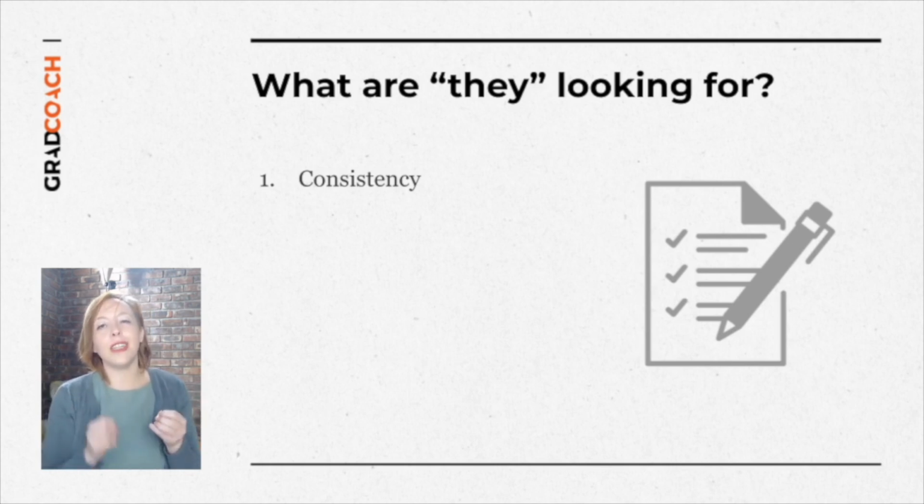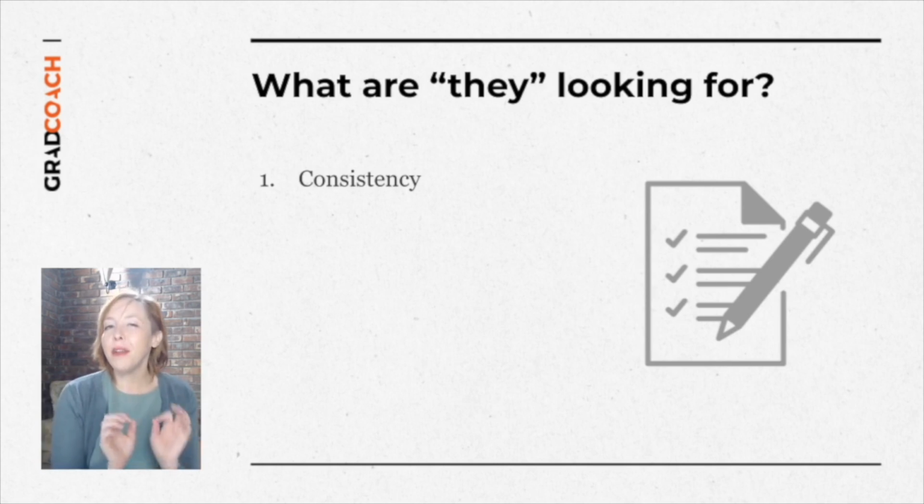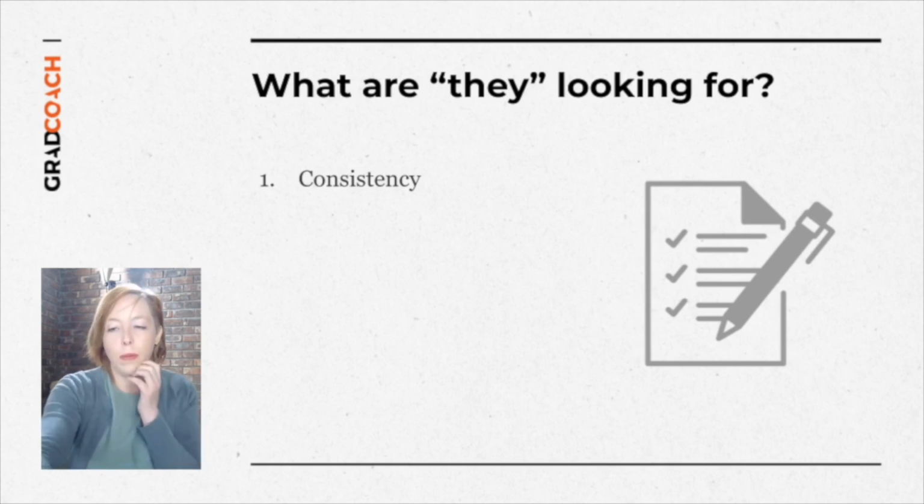So definitely make sure there's consistency in what you're saying and how you're planning on saying it, even if that means there's a feeling of a slight level of repetition throughout this proposal. The second thing they're looking for is practicality or viability.